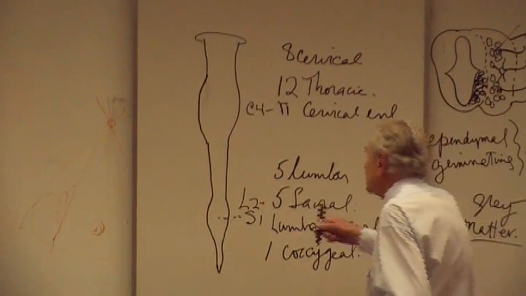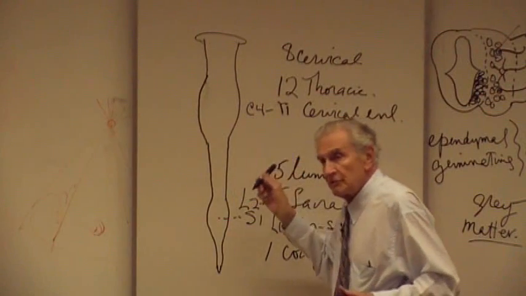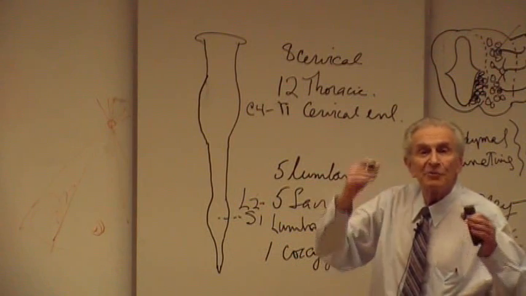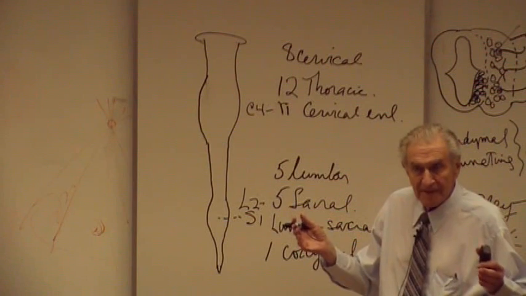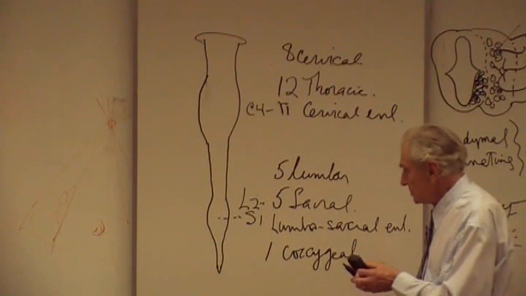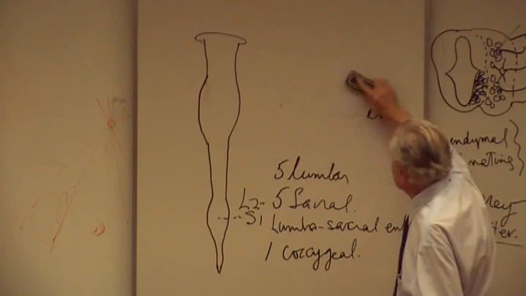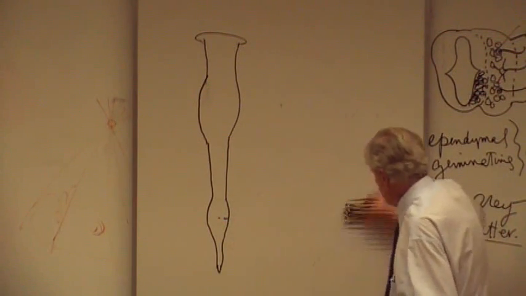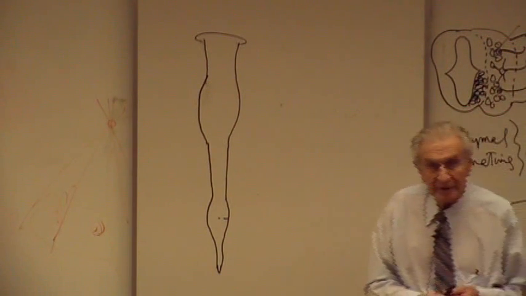Notice that the thoracic cord here is appreciably thinner, which indeed it is. We're going to look in a few moments at successive levels to understand it. We're going to learn how to recognize the various levels at which the spinal cord operates. So, having put that on the board, now what I'm going to do is, I assume most of you have gotten this, I'm going to take this off, leave the rough sketch of the cord on, and just talk about how the cord is suspended within the vertebral canal.